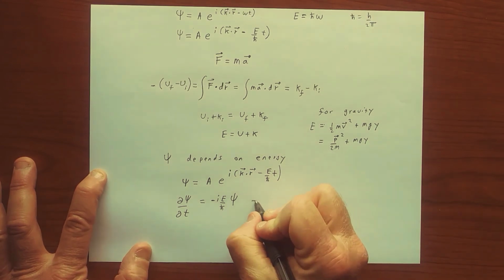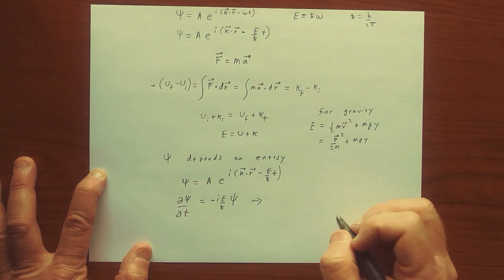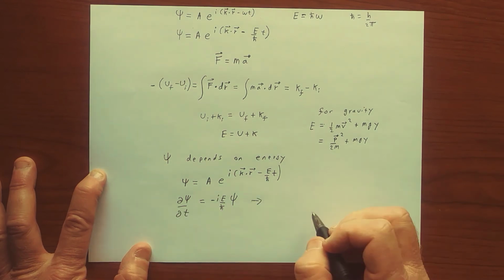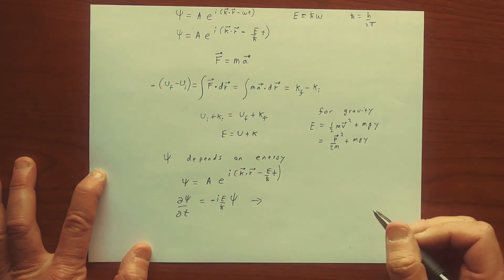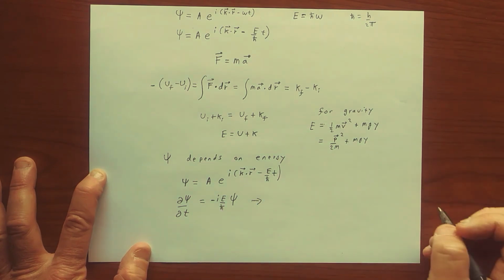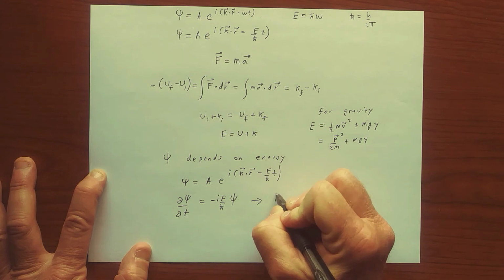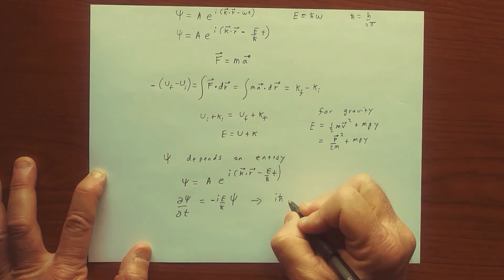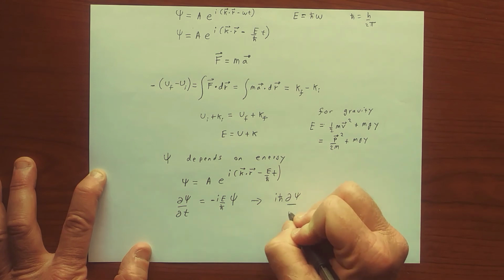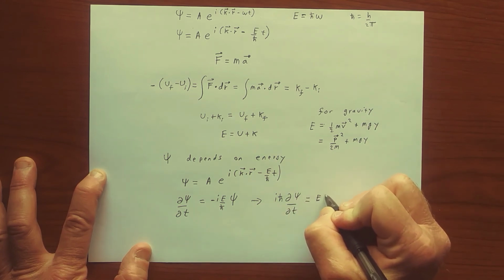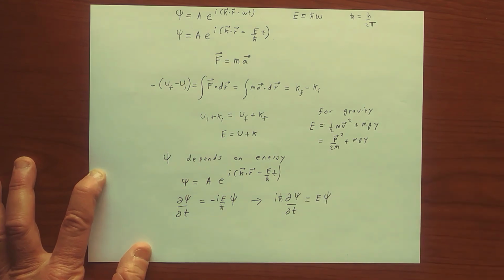I can turn this around: if I bring all of this to the other side and get rid of the minus sign by multiplying by i over i, and i squared is minus 1, then I can say i h bar d psi by dt is equal to E times psi.